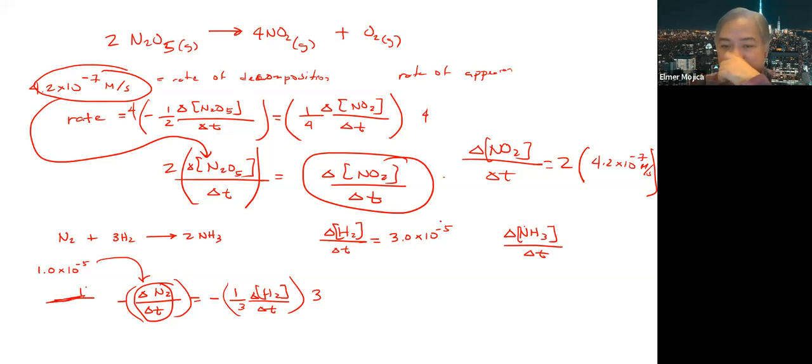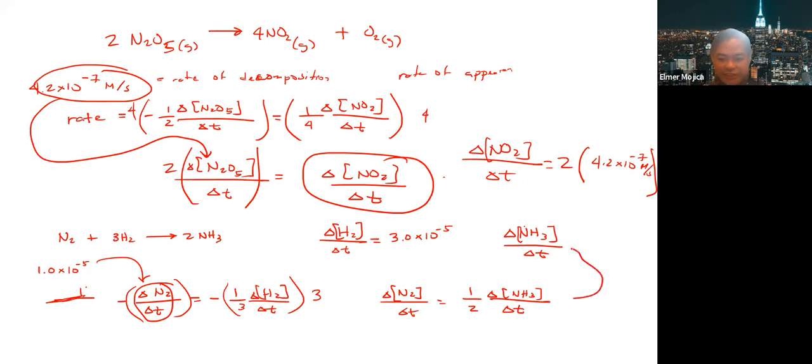So ganun din dito. So if you have N2 over delta T, okay, and you want it, so this is what equals to 1/2. Where did I get the relationship? Doon sa stoichiometric ratio. So how will I express this thing in terms of this? Paano mo tatanggalin yung 1/2?